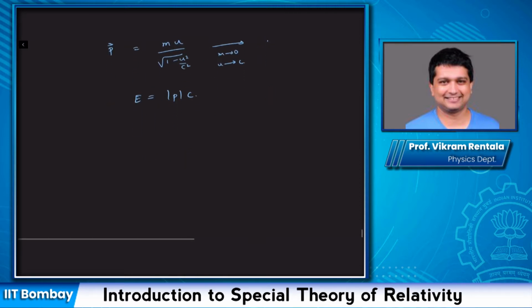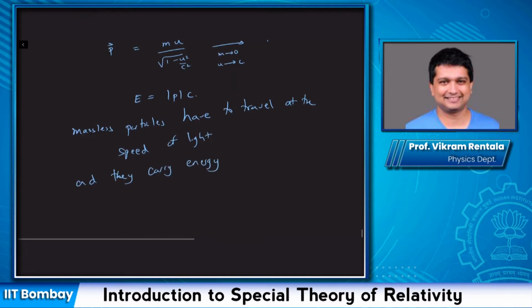So massless particles have to travel at the speed of light. And they carry energy and momentum. That is, a photon can push things around by transferring its momentum to something else.